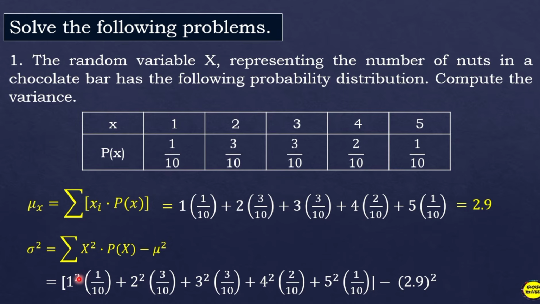So, once na nakuha nyo to, mag-equals kayo sa calculator nyo muna, saka pindutin yung minus and then 2.9 squared. So, the variance is 1.29. Again, ang tinatanong dito is the variance. Therefore, the variance is 1.29.